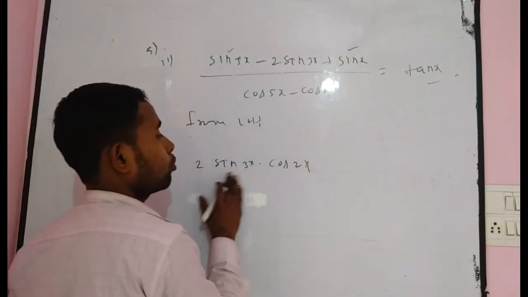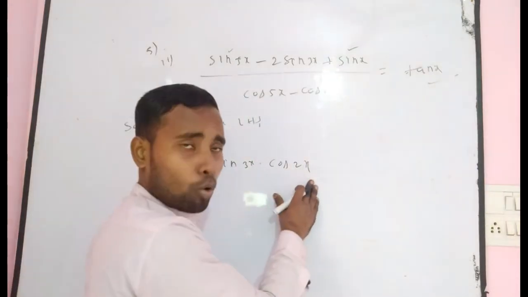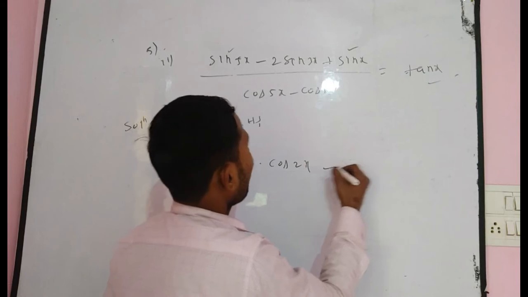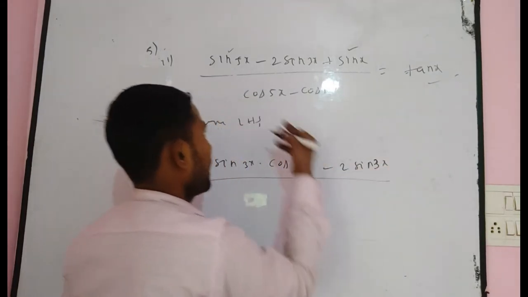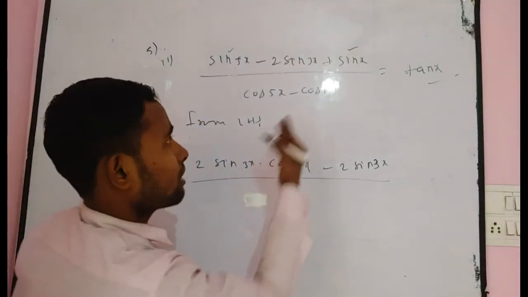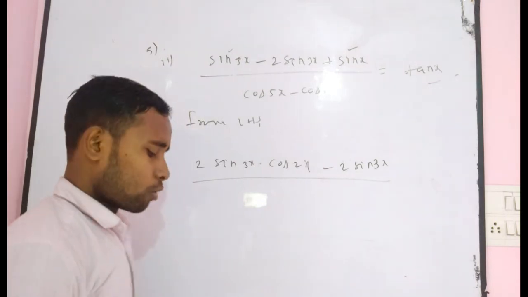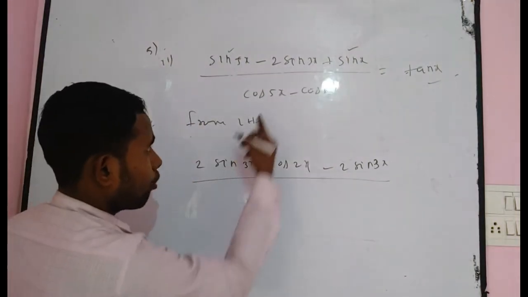In the denominator you get cos c minus cos d. I want to tell you the formula of cos c minus cos d.